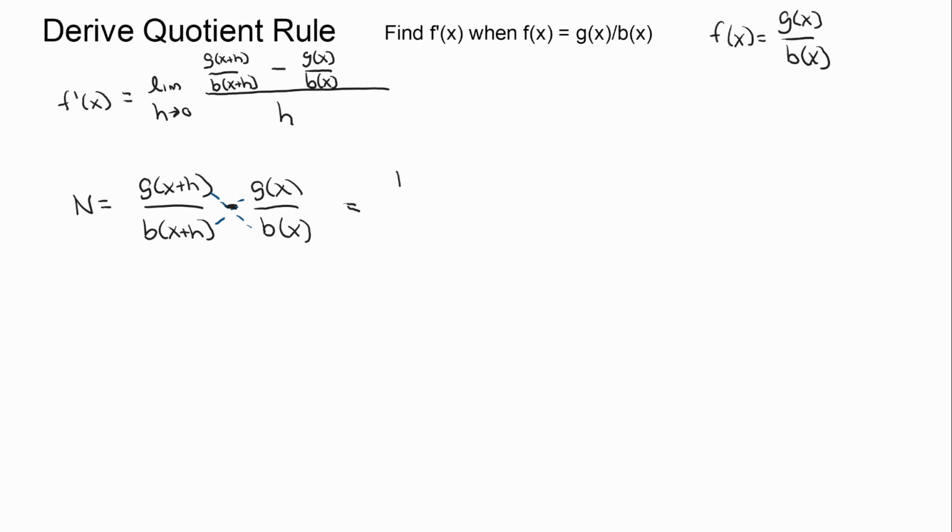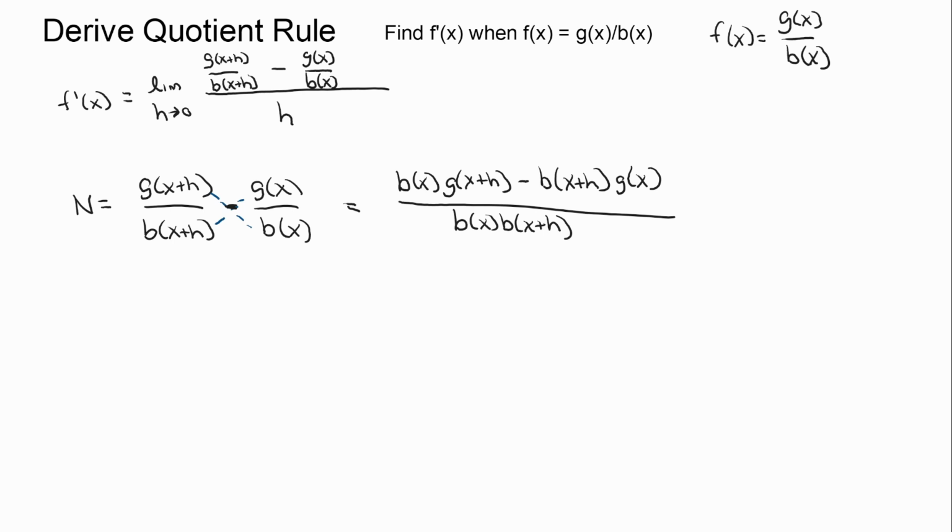So it's going to be h of x multiplied by g of x plus h, minus h of x plus h multiplied by g of x. And then we also multiply the denominators together to combine this fraction, to get h of x times h of x plus h.